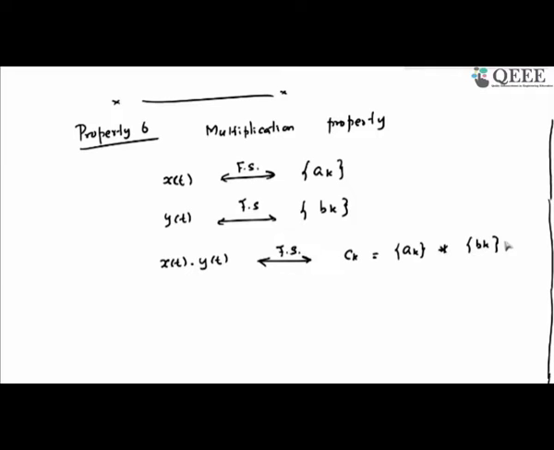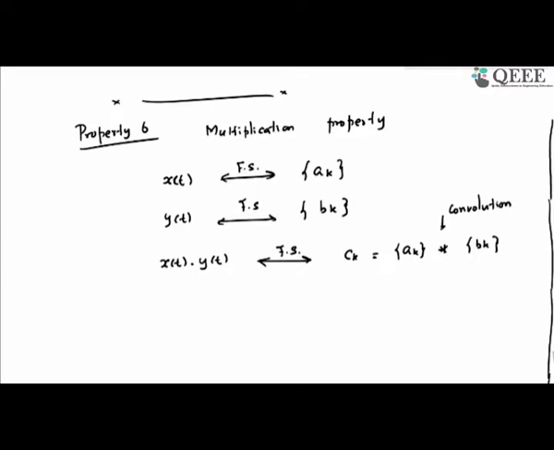To find the Fourier series of the product of these two signals, you have to convolve these two sequences. So this is convolution. Remember that when you take the product of two signals, the Fourier coefficients are not multiplied; the Fourier coefficients have to be convolved. Let me try to illustrate why that is happening.